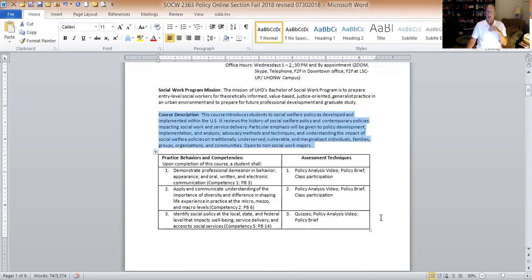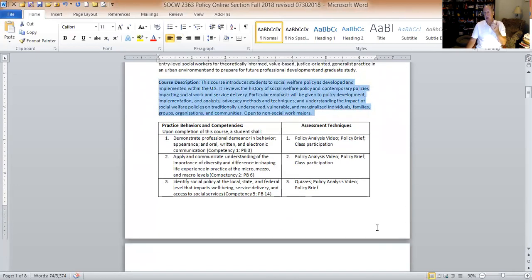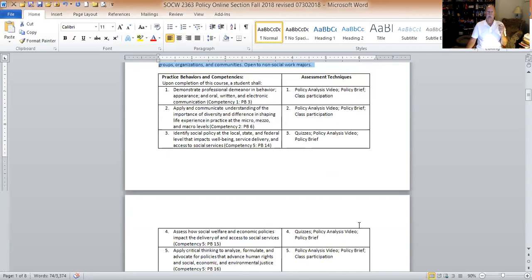All right, so we have 5 competencies. Some people talk about them as learning outcomes, but we're really talking about them as competencies in the course. When you get done, we want you to be able to demonstrate professional demeanor and behavior in oral, written, and electronic communication.